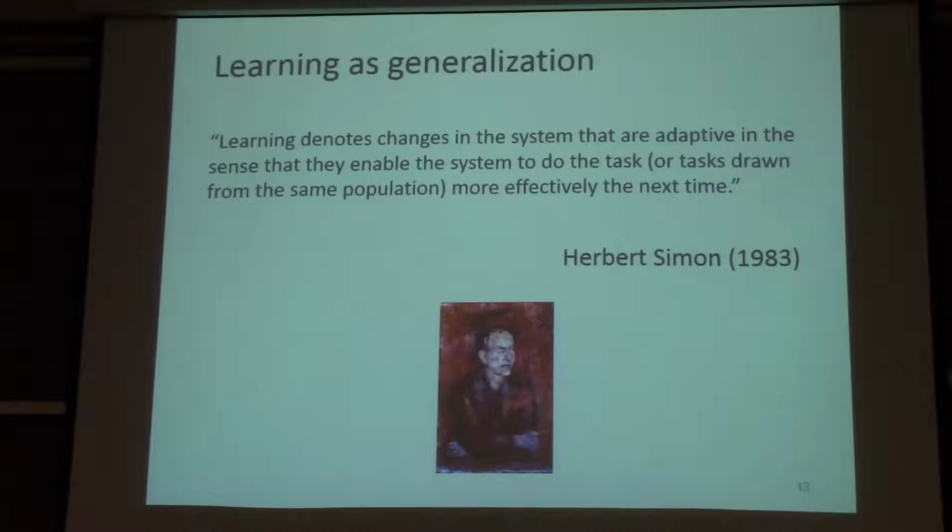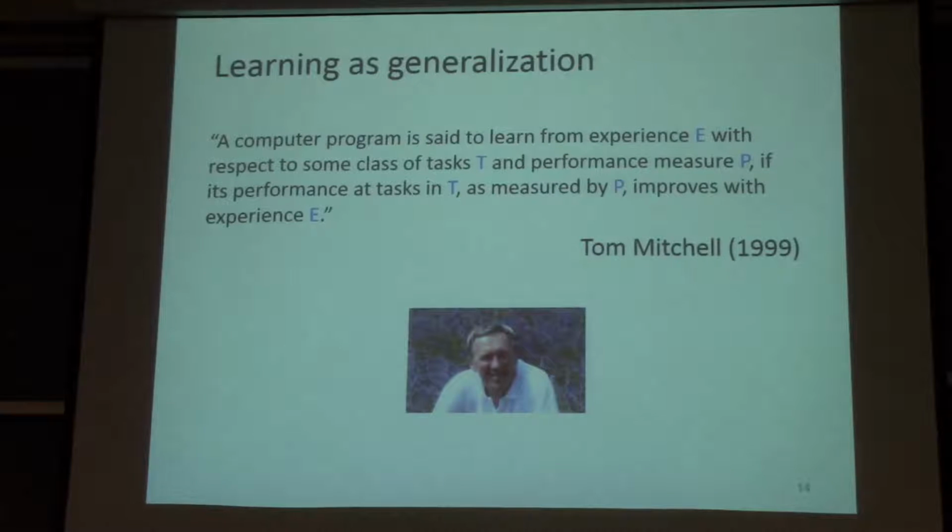This idea was popularized by Tom Mitchell, roughly the same sense, but slightly using more symbols, let's say. And Tom Mitchell talked about a well-defined task. Let's say you have a task or tasks T, and you have a mathematical definition of a performance measure, let's call it P, and a mathematically formal definition of something called experience.